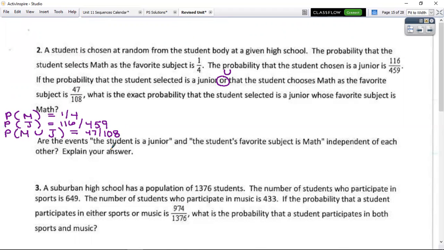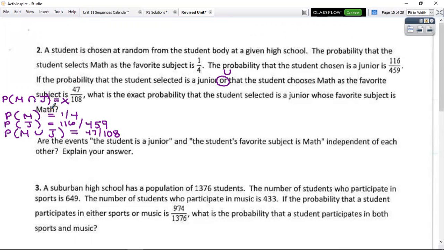Then we need to find the probability that you are a junior and your favorite subject is math. So I'm going to say probability of math and junior is unknown. So I'll say like X.